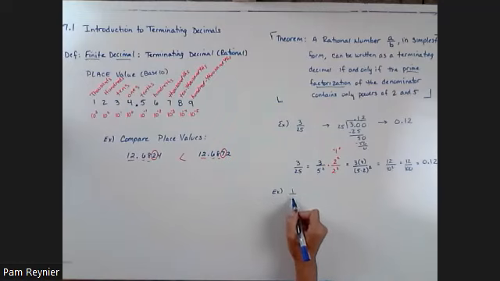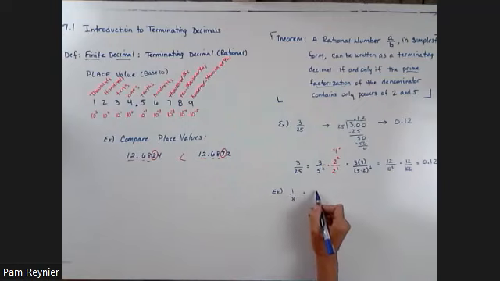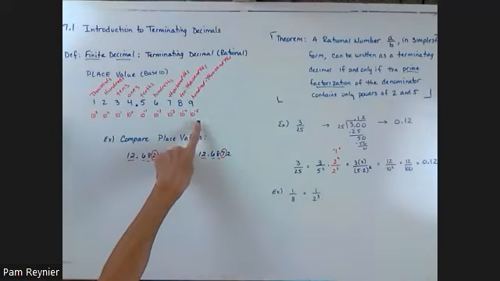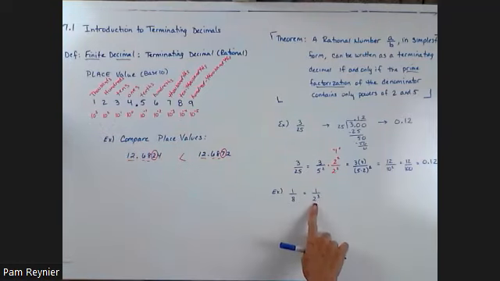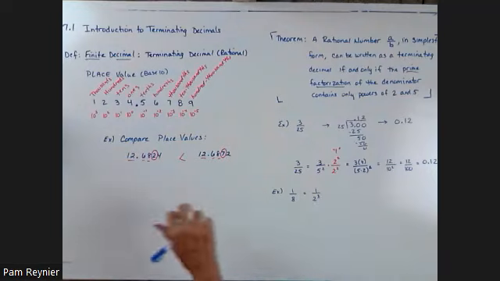Let's say I give you 1 over 8. Some of you may know that that's 0.125 if we use long division. I don't want to use long division if I can avoid it. But I do know that 8 is the same as 2 to the 3rd power. Now remember, this is all base 10. So how many 5s do I need to pair up with each of these 2s?